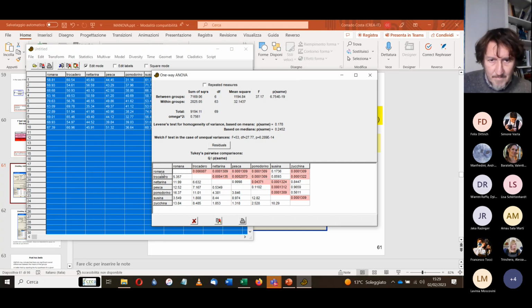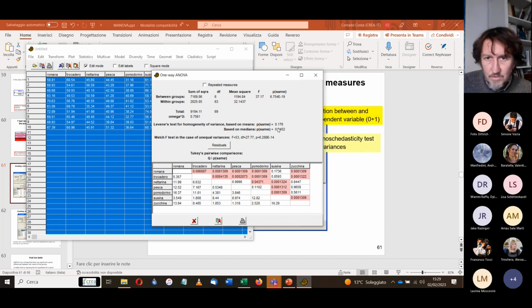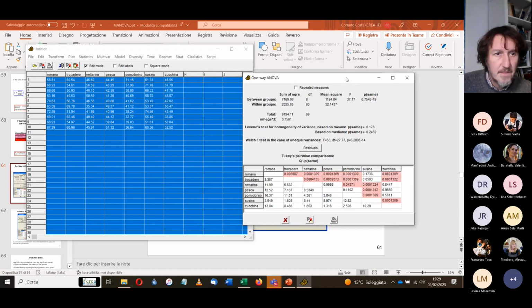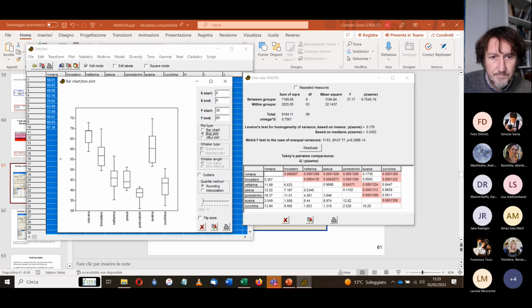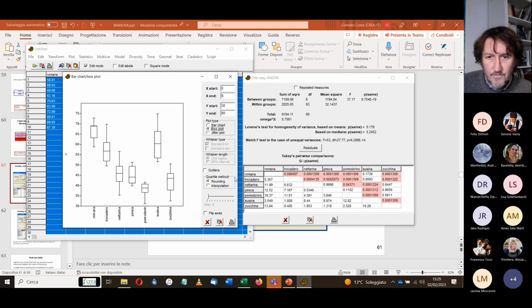So between Romana and Trocadero, I can show you also the... okay. So from Romana and Trocadero, there are differences. They do not overlap from the box part, so they are different, but also from Nettarina, Pesca, Pomodorino, but not with Susina.